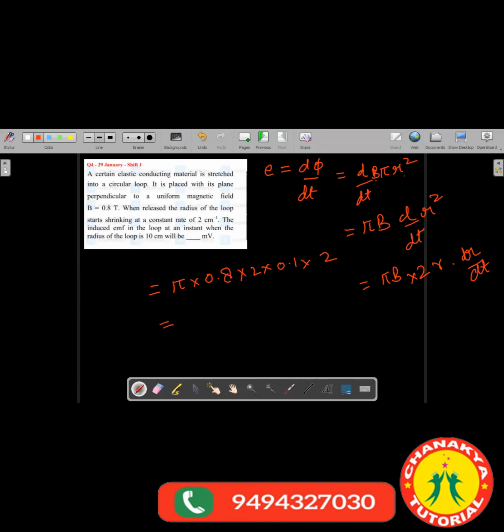So 2 multiplied by 2 makes 4. 4 multiplied by 8 will become 32, and you get 0.32 multiplied by pi. Pi is 3.14. So what answer will we get here?